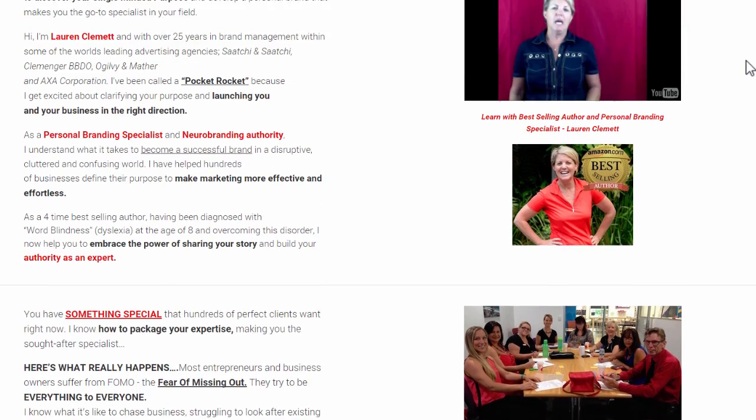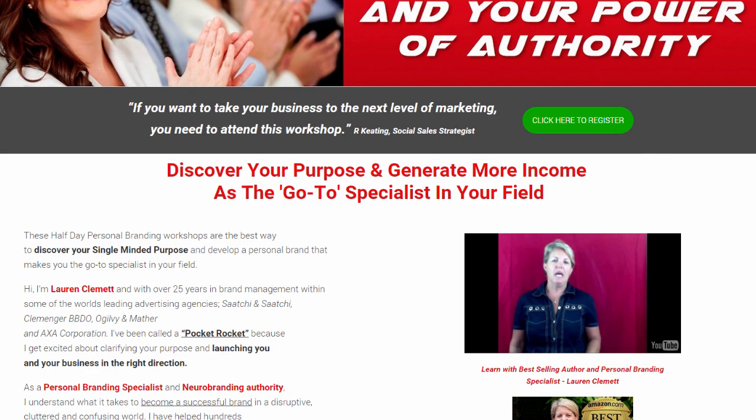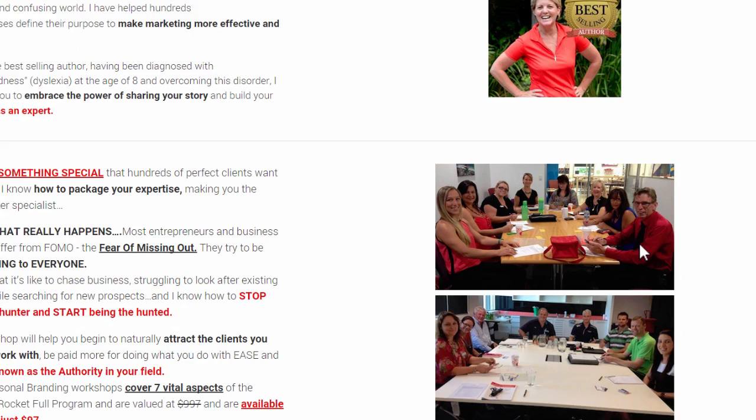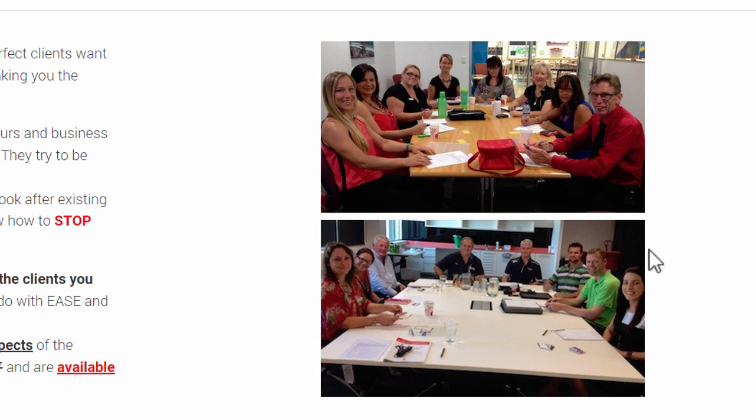And here's a little exercise you can do for images, specifically on marketing pages and sales pages. For every image on the page, every single one, ask yourself, does this image illustrate a clear and tangible benefit to my visitor? So if we look at an image like this one here, or both of these actually, we see some people sitting around a table and smiling slightly awkwardly because they were asked to smile for the camera.